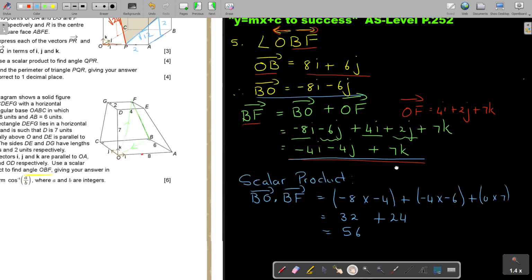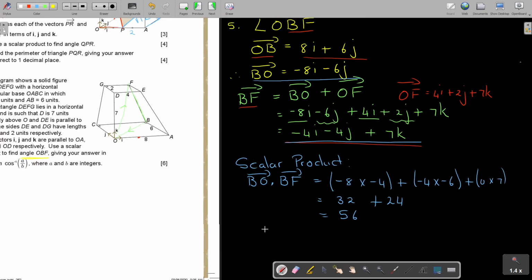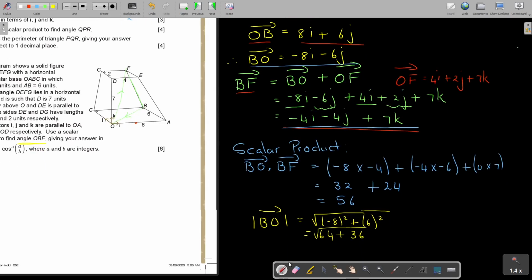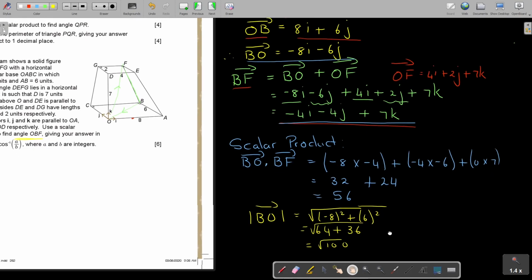Now I must still find the magnitude of BO. And that is going to be negative 8 squared plus negative 6 squared. And that is going to be 64 plus 36. And that's going to be square root of 100, and that's going to be 10.